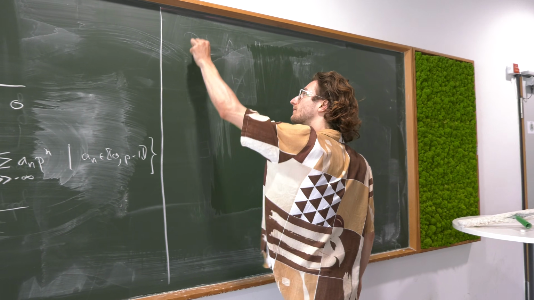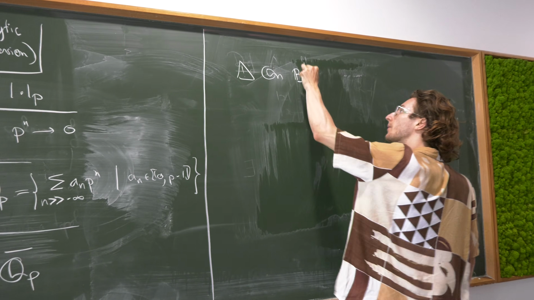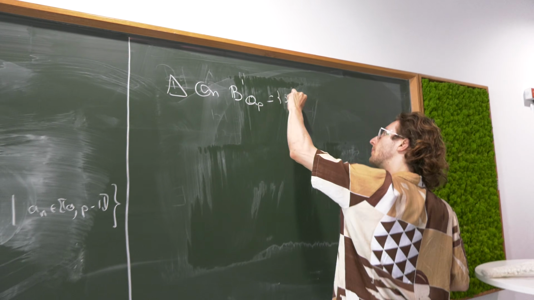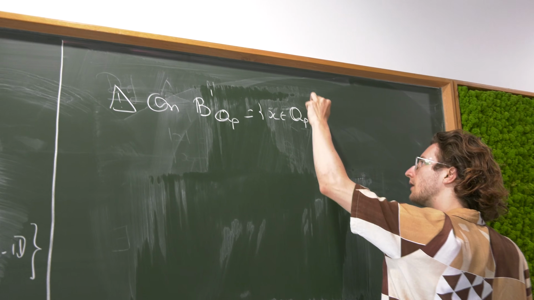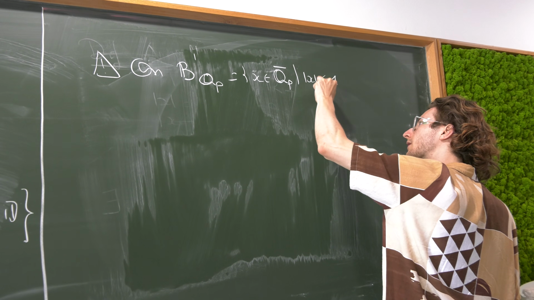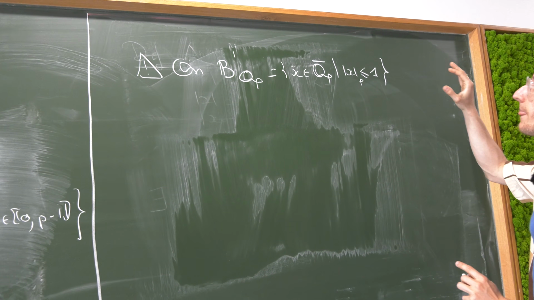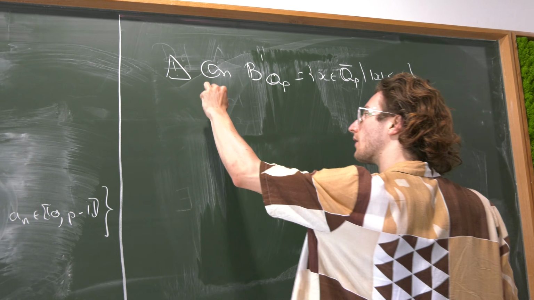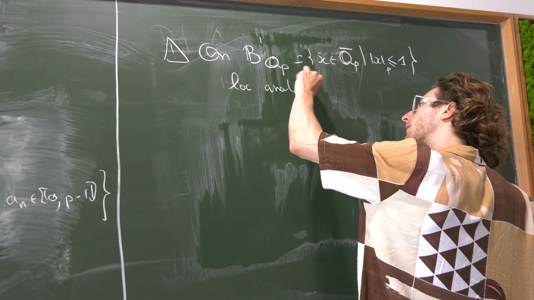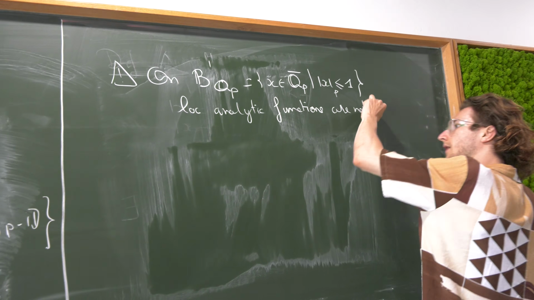The problem is that on what I can call the unit ball of Q_p bar, all the points that have p-adic norm smaller than 1 (you can take Q_p if you're bothered by that), this is not true. There are locally analytic functions that are not globally analytic.